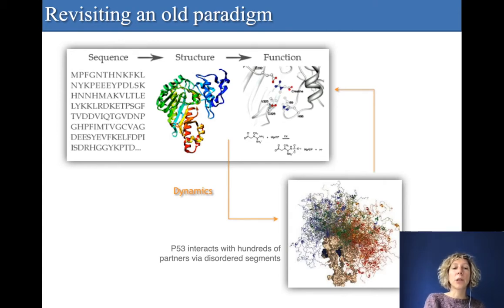It's the dynamical aspects of protein structure. So the fact that protein structures are not static objects, but they constantly move and fluctuate in solution, and these motions, these fluctuations are associated to its function.